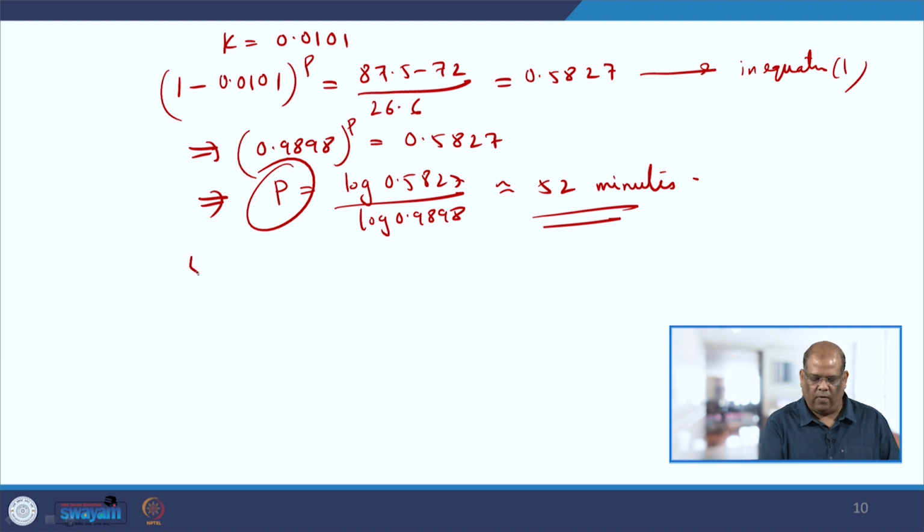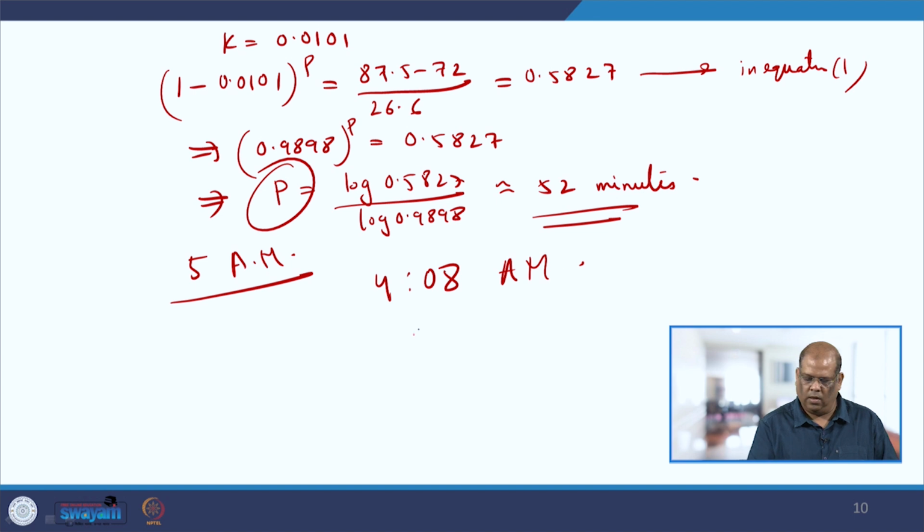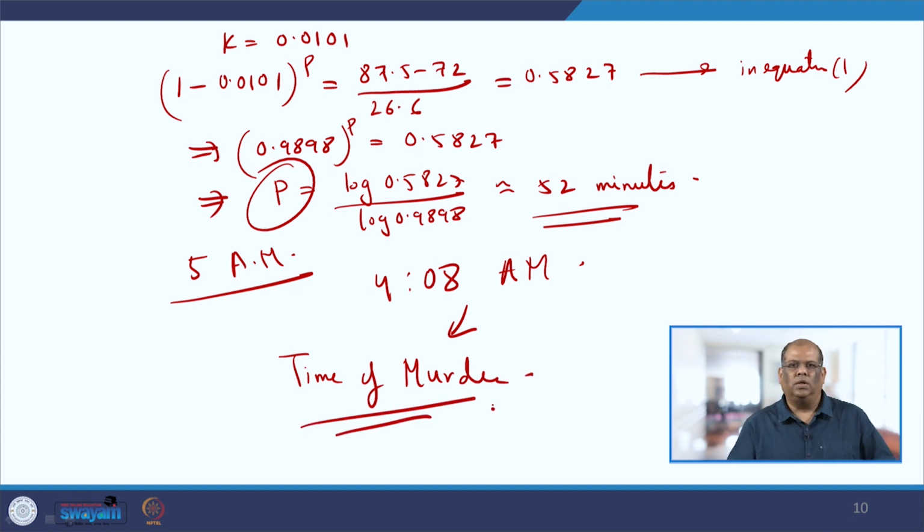They arrived at 5 a.m. You subtract 52 minutes from there and you get 4:08 a.m. So, this gives you the approximate time of murder. So, this is how you use Newton's law of cooling to solve the approximate time of murder.